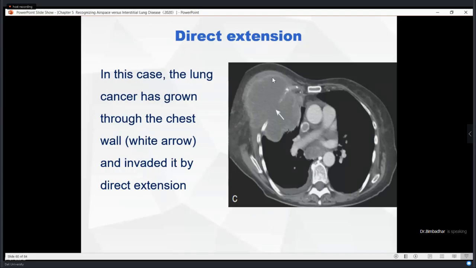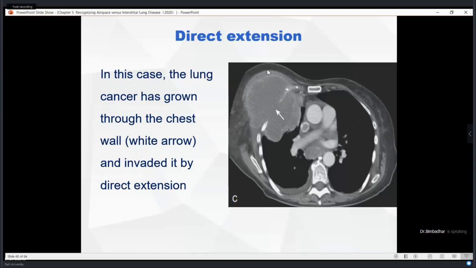You look here in this image, I'm looking at the CT image in a bone window. I can see there is a well-defined mass with a hypodense layer in between. And when I look at the ribs, the rib is completely destroyed. Then there is a direct connection of this tissue into the surrounding soft tissue, right?